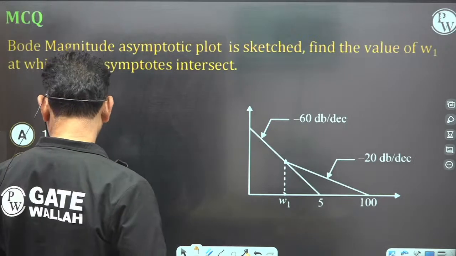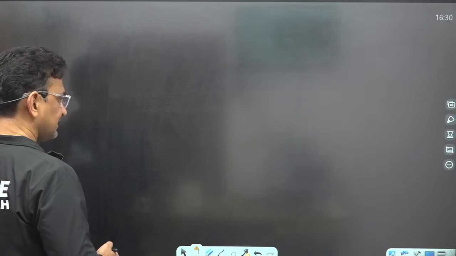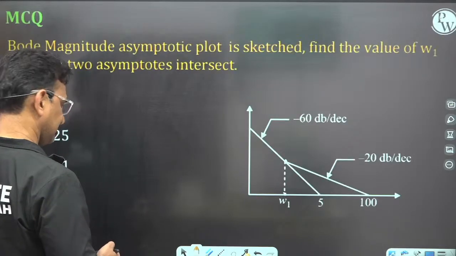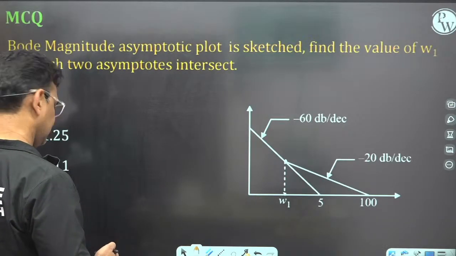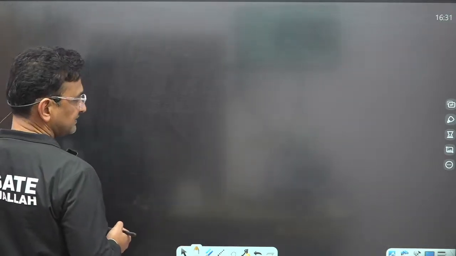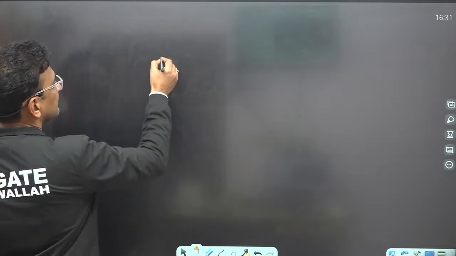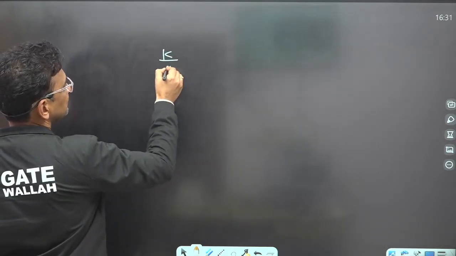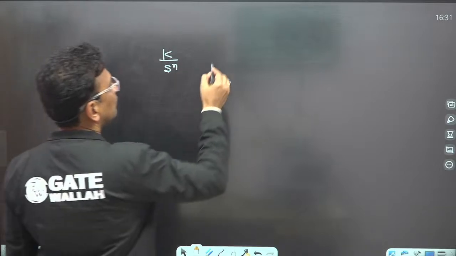See, if you divide a transfer function into several factors, for the factor k upon s to the power n, what is the Bode plot?